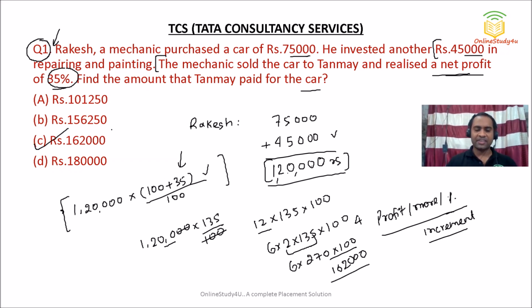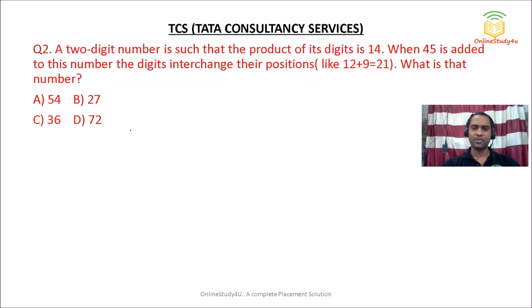So 1,62,000 will be the answer. Rakesh will sell the car for this, and Tanmay will pay that much amount. I hope this was a simple problem which we started with, and you have understood this. Now friends, question number two.